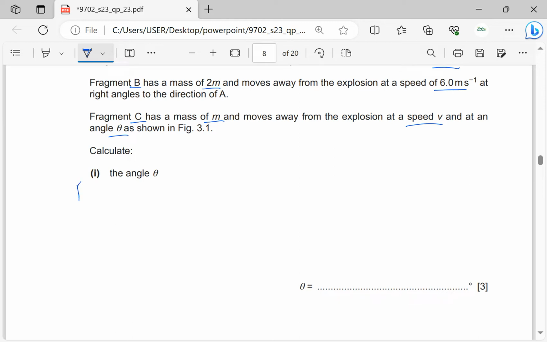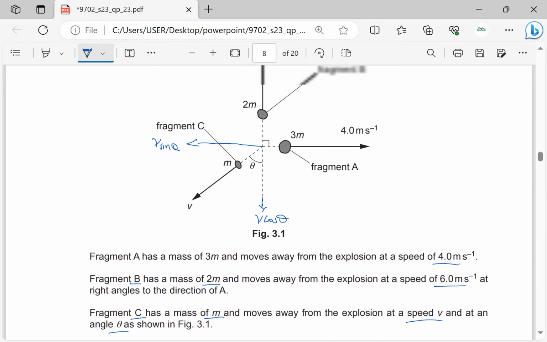When I write px, I'm meaning momentum in the horizontal. So 0 is the total momentum in the horizontal. But after collision in the horizontal, we have momentum of this one to the right hand side and momentum of this one to the left. Momentum this side will be m times v sine theta. Momentum the other side is 3m times 4.